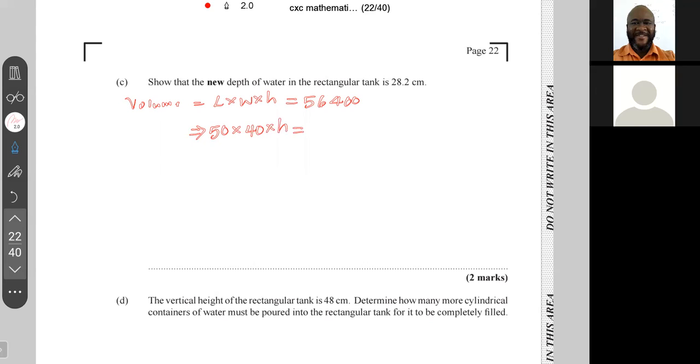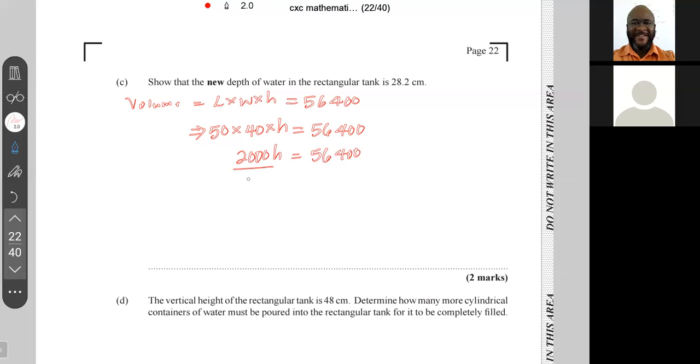Because you pour in more water, the water level has risen. So the depth or height of water is different. But this is equal to 56,400, which is 50 times 40, what is that? 2,000. 2,000 H is equal to 56,400.